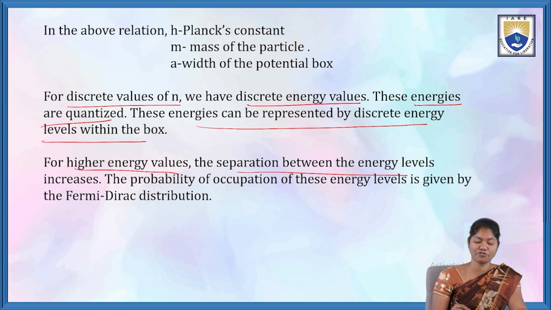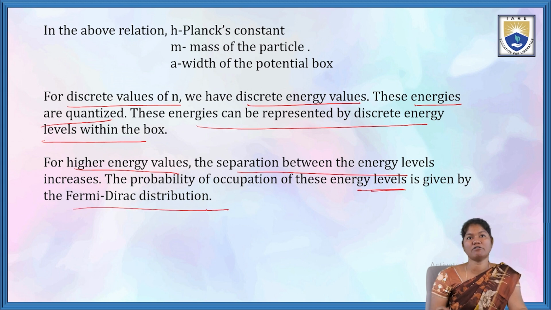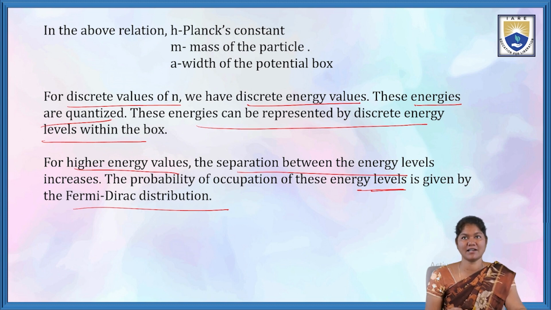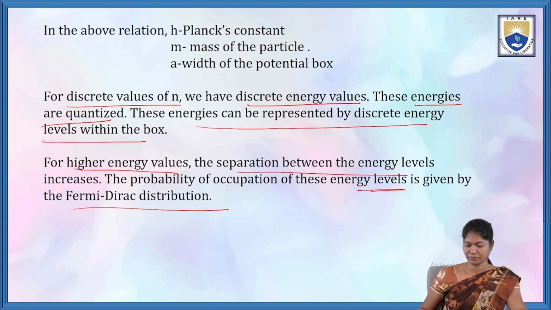The probability of occupation of these energy levels is given by the Fermi-Dirac distribution. That is, the occupation of the particle in the energy levels is given by the law of Fermi-Dirac distribution.